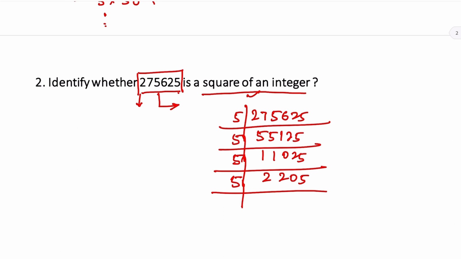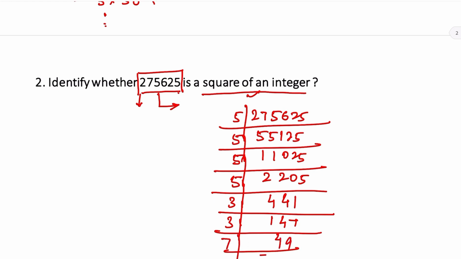Then again 5, it will be 441. Then we can use 3, so 441 by 3 is 147, and then again 3, so it will be 49. So 7 and 7.